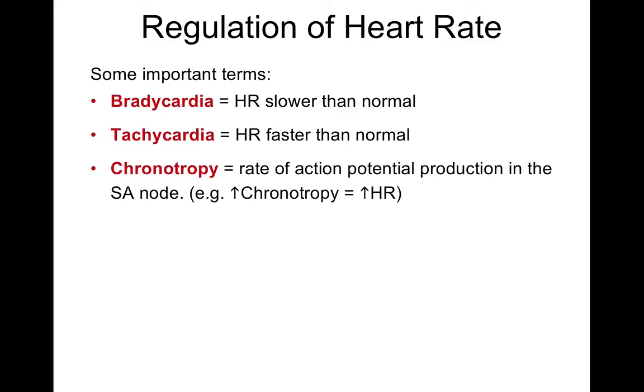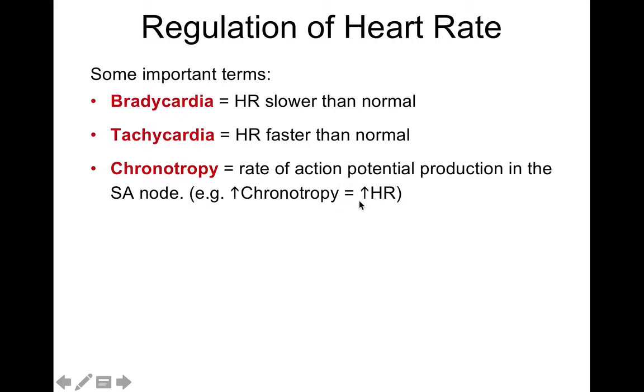Chronotropy is a term used when we're talking about the rate of action potential production in the SA node. So remember, the SA node is the pacemaker, which sets the heart rate. Normally, it can work without any external stimuli, but in our bodies, usually we are modulating it using nerves or hormones. Anything that will increase the rate of action potential on the SA node will be described as causing an increase in chronotropy.